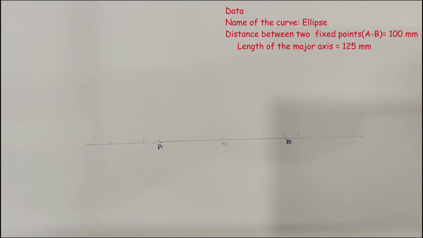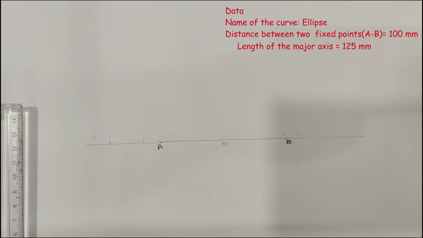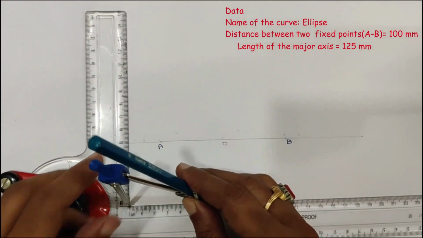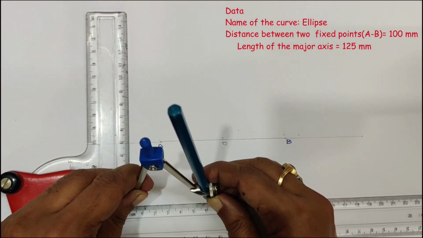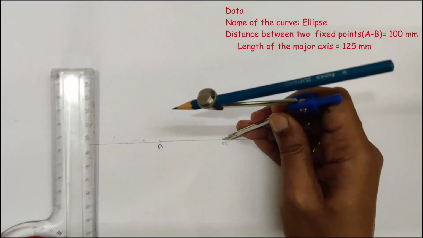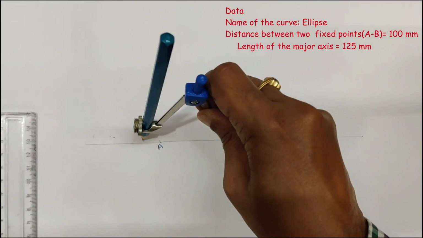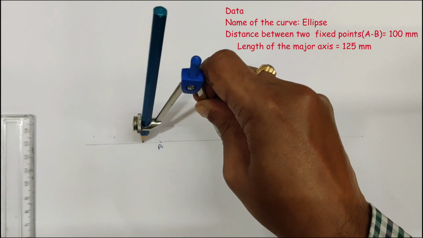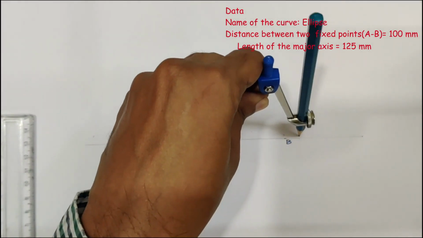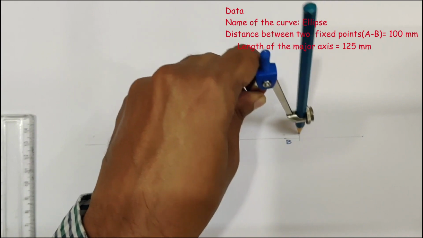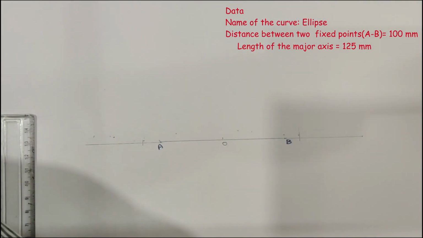Here the major axis length is 125 mm. Half of the major axis is 125 by 2, that is 62.5 mm, as a radius. With O as a center, draw an arc on the left side as well as the right side of O along the AB extended line and name the ends of the major axis as E as well as F.